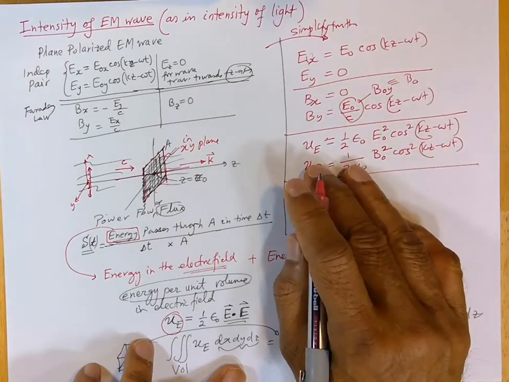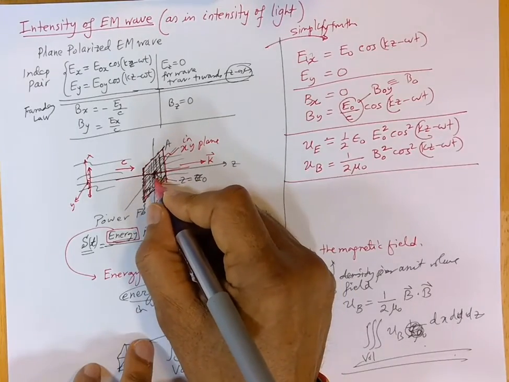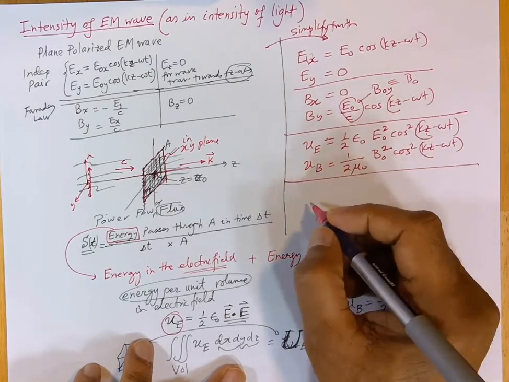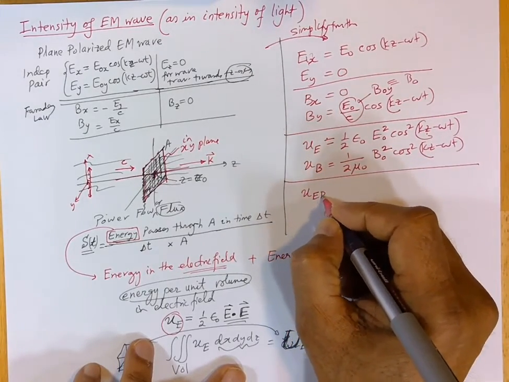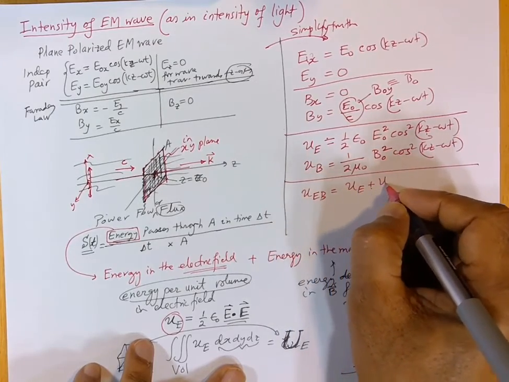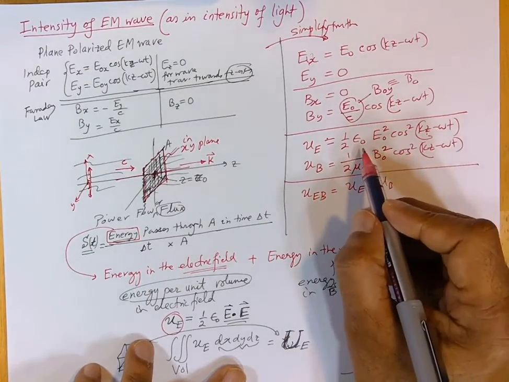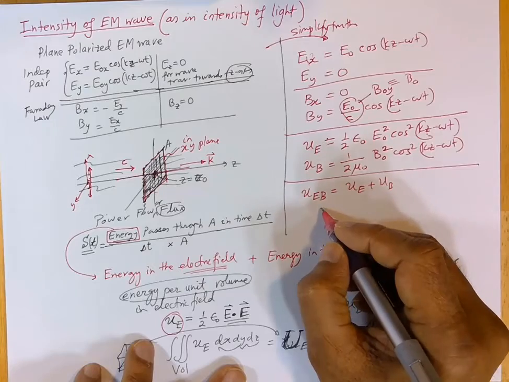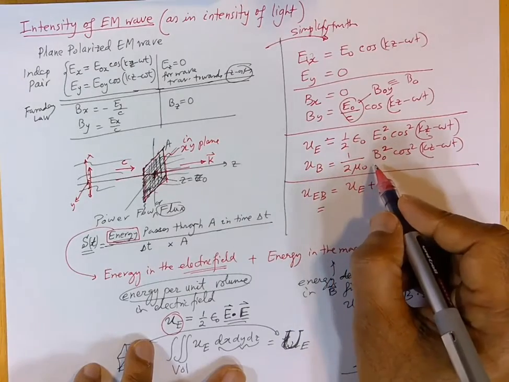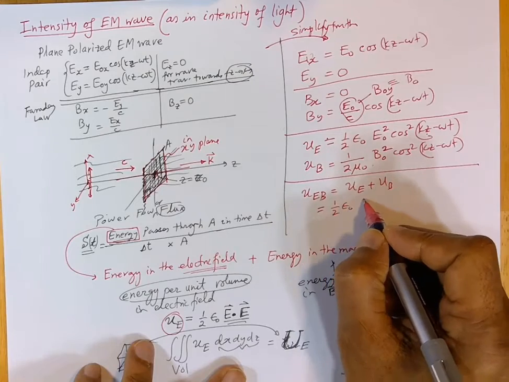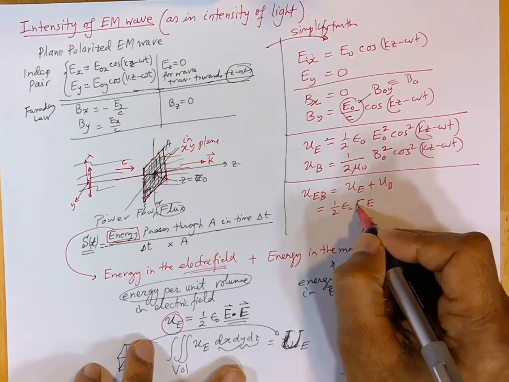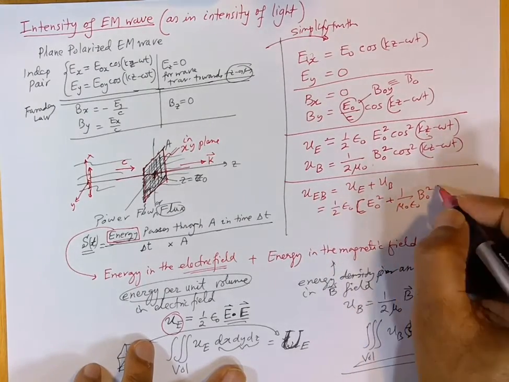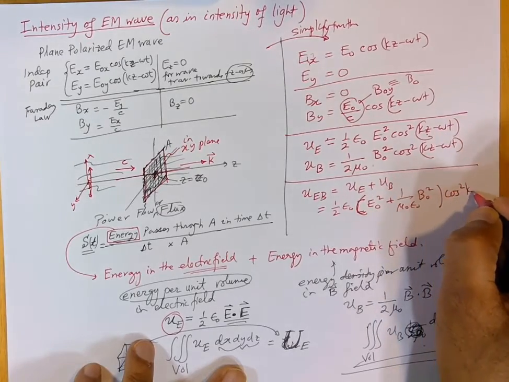So at any point z, some point z equal to 0 will be here, and some time t. When I add these, I get the total energy, UE plus UB. If I take common factors, you can see half epsilon naught times E0 squared plus 1 over mu naught epsilon naught times B0 squared, times cosine squared(kz minus omega t).